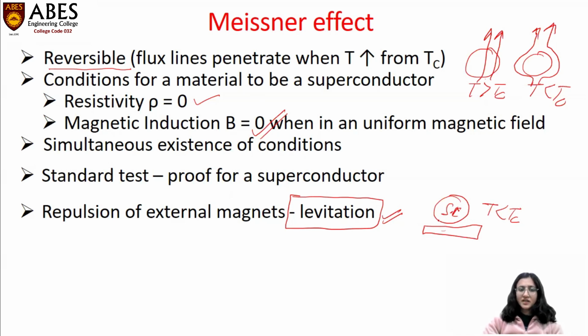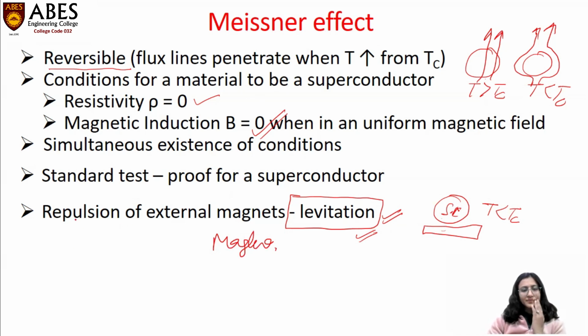This hovering state is due to repulsion of the external magnetic field, and this gives rise to huge applications in the field of super fast trains based upon magnetic levitation, and we have maglev trains based on this phenomenon.